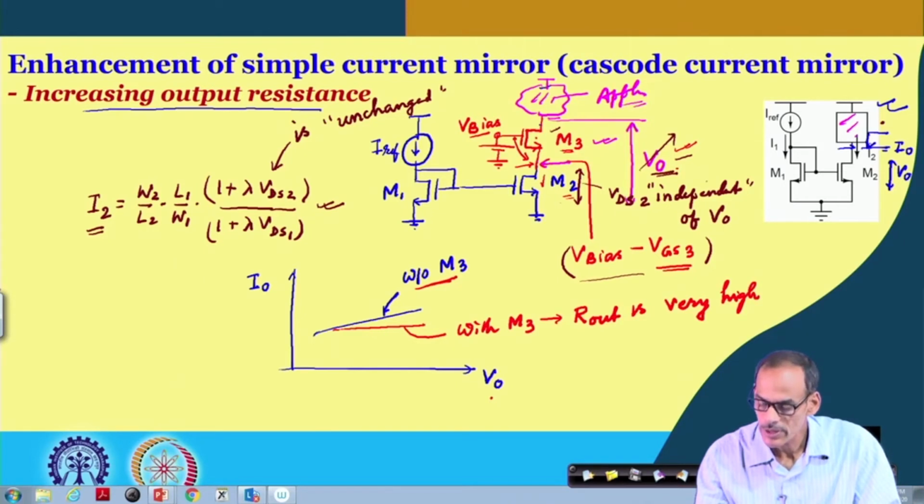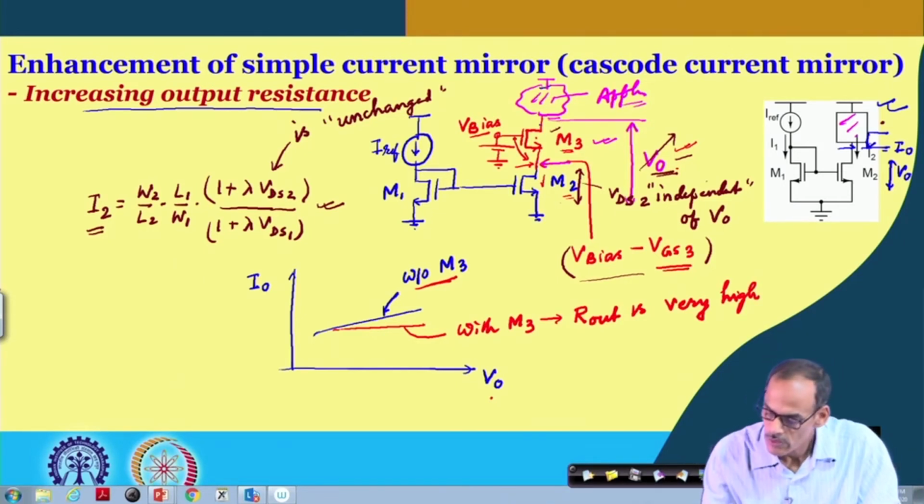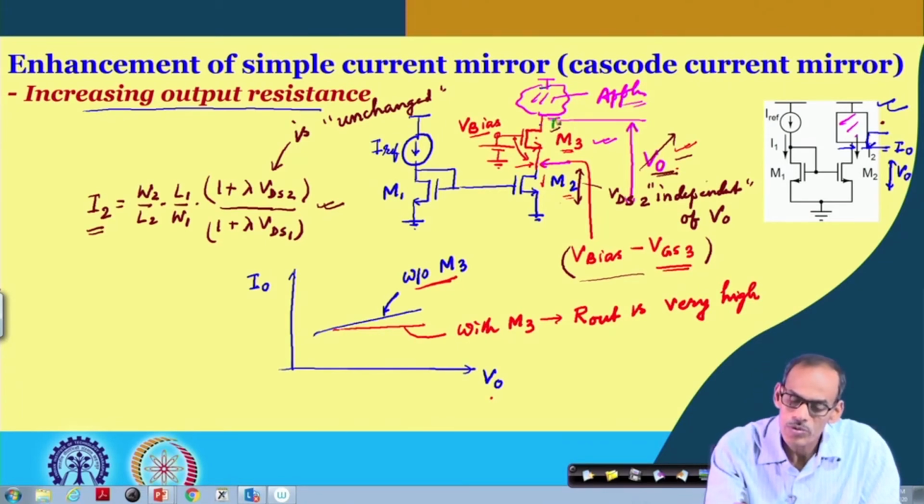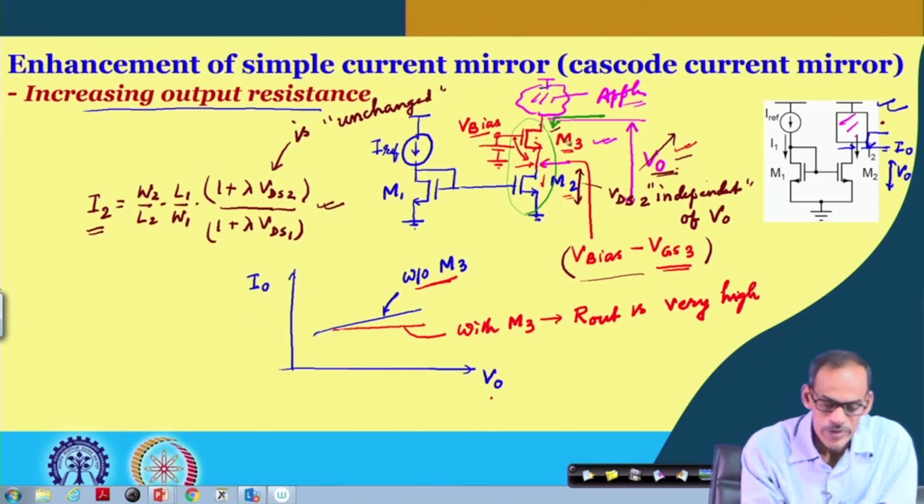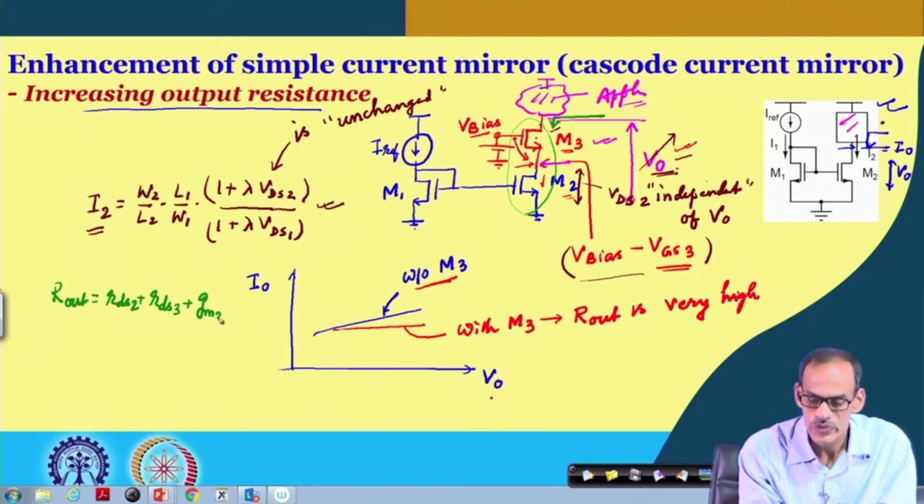In fact, if you see the output resistance looking into the output port here, it is basically a cascode structure, and we have derived the output resistance of the cascode structure, which gives us R out equals R ds of transistor 2 plus R ds of transistor 3 plus gm of transistor 3 and R ds of transistor 2 multiplied by R ds of transistor 3.